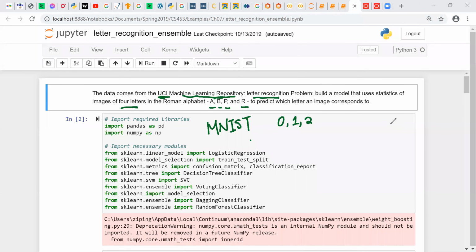Yes, a data set of handwritten digit images. Very good. It's the simplest, like the hello world of image recognition, with 10 digits. Over here, it's about alphabet letters, A, B, P, R. That's what this data set is about.